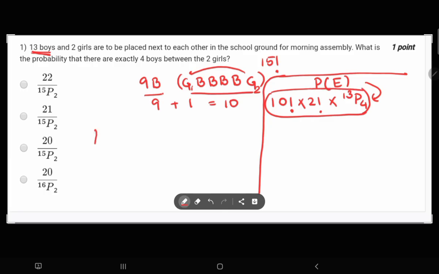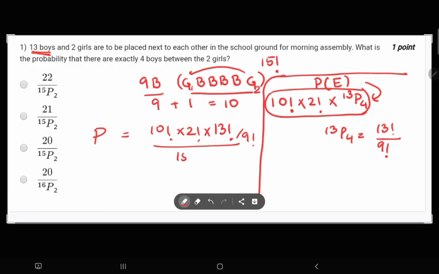So probability would be 10 factorial into 2 factorial into 13 P4, over 15 factorial. 13 P4 equals 13 factorial divided by 9 factorial, that is 13 minus 4.